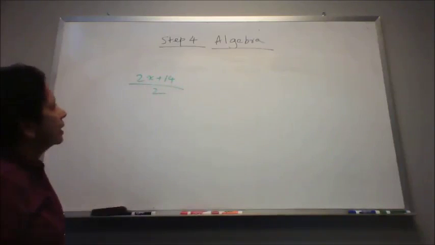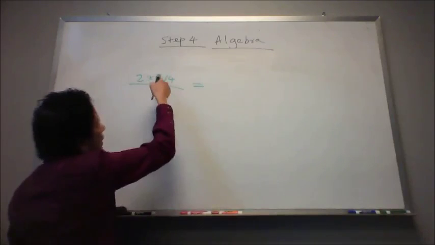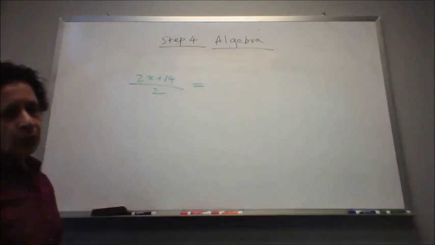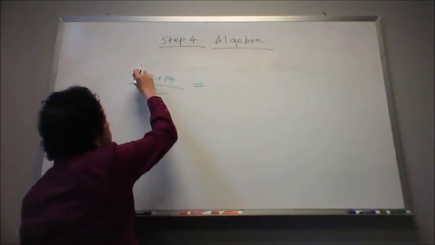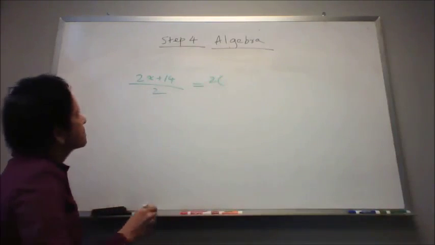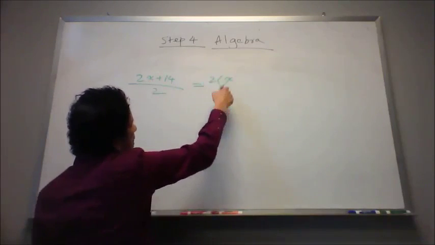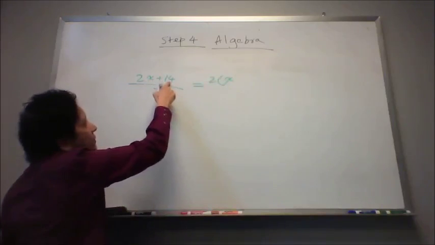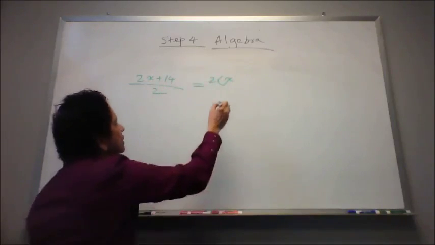So here, what I want to do is, on the top, I can take the common factor out. Between 2 and 14, 2 is the common factor, right? And then the leftover here is just x, 2 times x, right? And I have taken 2 out, so the leftover is 7. 2 times 7 is 14.